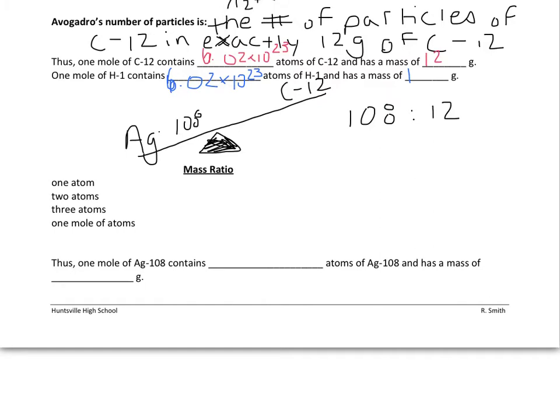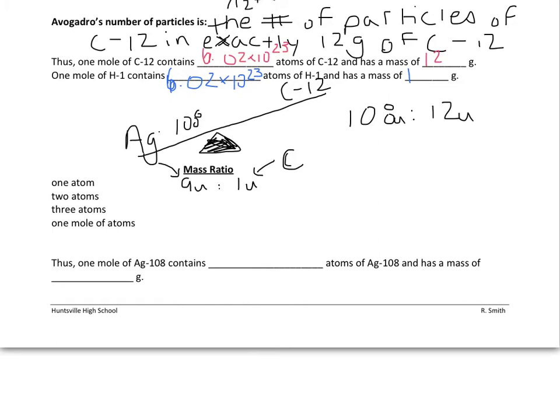So our mass ratio would be 9. For every 9 units, you'd have 1 unit. This is our carbon column, and this is our silver column. So far, so good. What would the ratio be for 2 atoms?